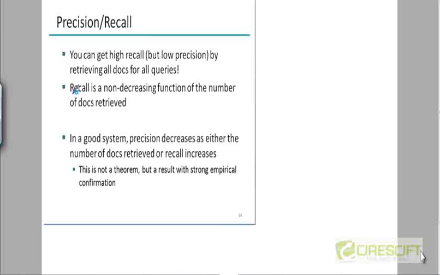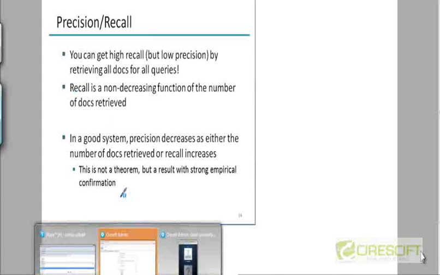What this means is, if I measure the recall for the first 10 documents in the results, and then for the first 20 documents, and then for the first 30 documents, and I keep noting down the values of recall that I'm getting, that's going to be a non-decreasing function. Why is that? More and more documents are recalled.